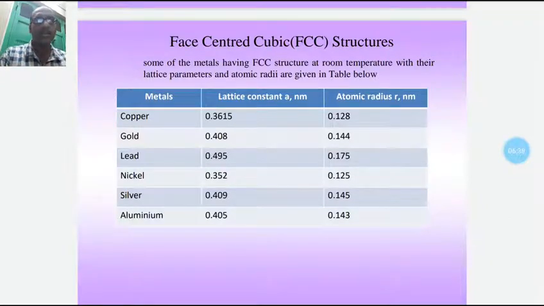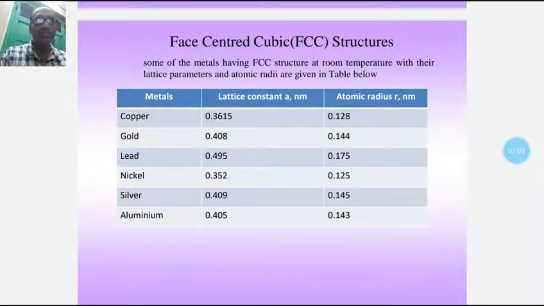For copper, lattice constant a is 0.3615 and atomic radius 0.128. For gold, 0.408 and atomic radius 0.144.